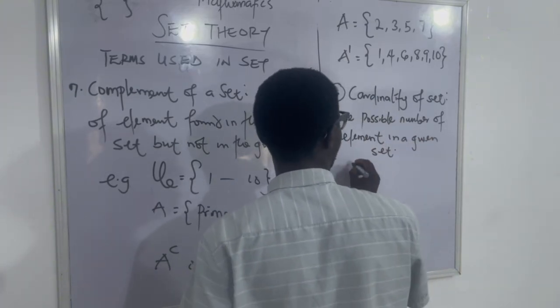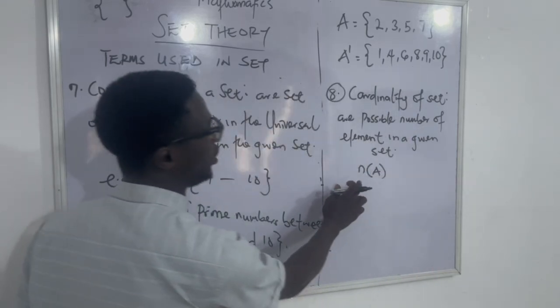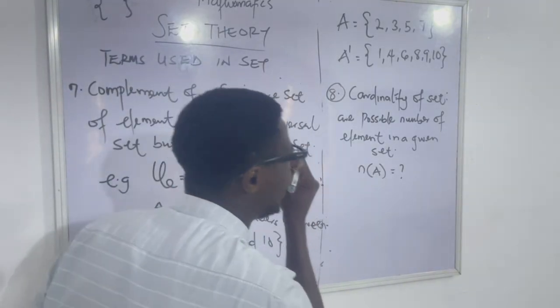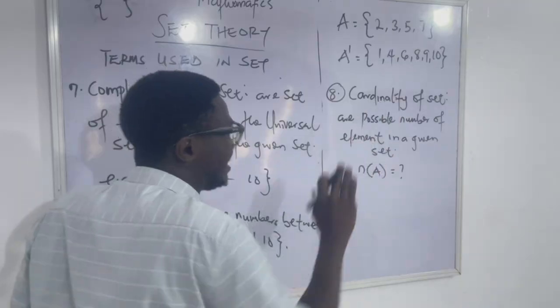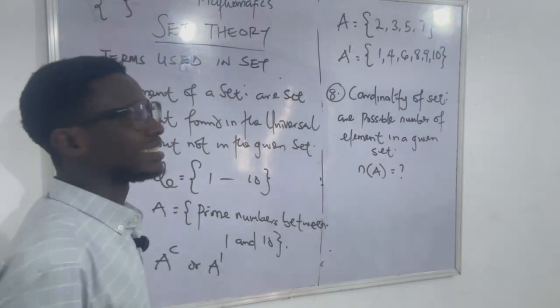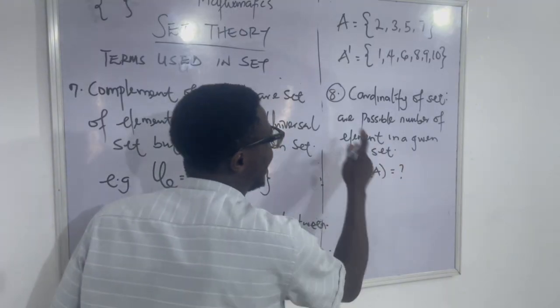It is denoted as n. So when you have this and they put question mark, it's telling you that what? They will not tell you find the number of how many number of elements are in this set. They will just tell you n into brackets A. So that's what? How many number of elements do we have in A?